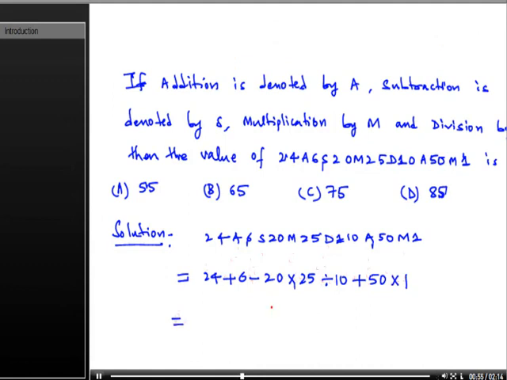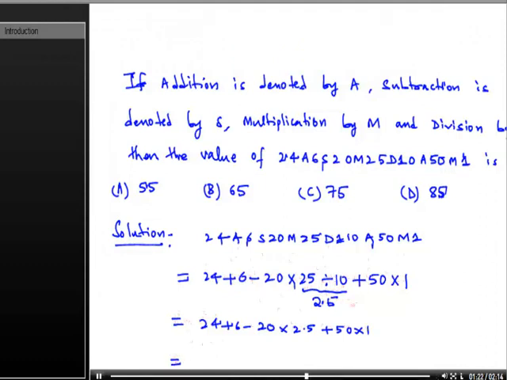This further equals, here we'll apply the BODMAS rule. BODMAS rule says that division should take the first preference. Therefore, 25 divided by 10 will be 2.5. This equals 24 plus 6 minus 20 into 2.5 plus 50 into 1.